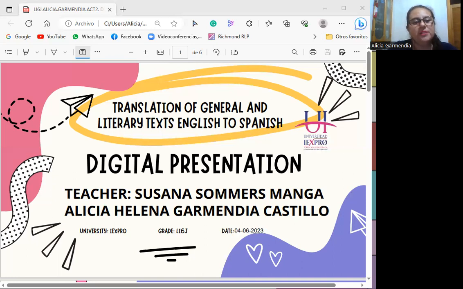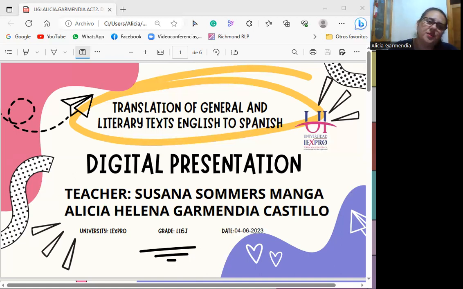But the interpreters have to work in the moment, and they need to talk in that part. For example, a person is saying something, and an interpreter needs to listen and have some approach to the culture and the chronology to say what the other person needs to share, the information.